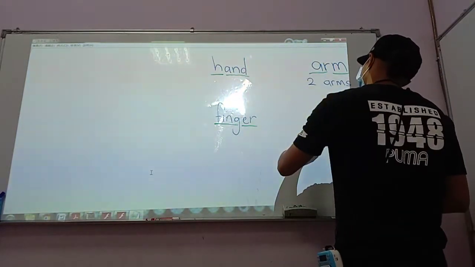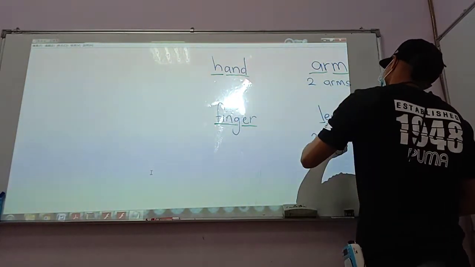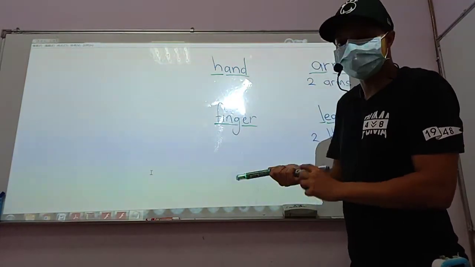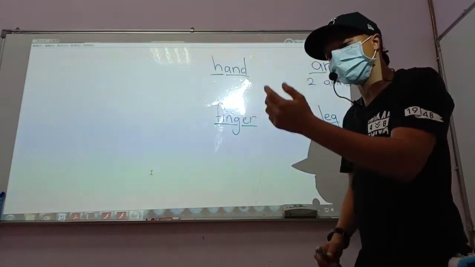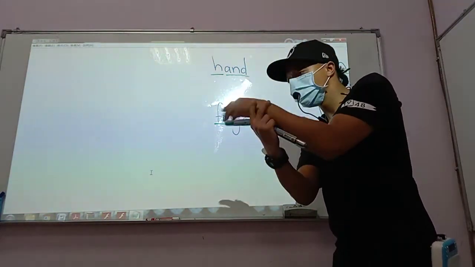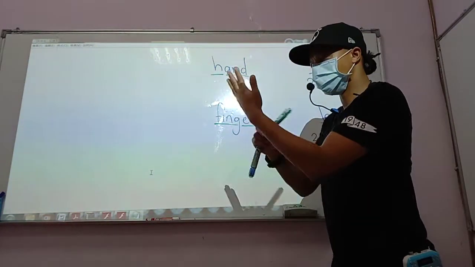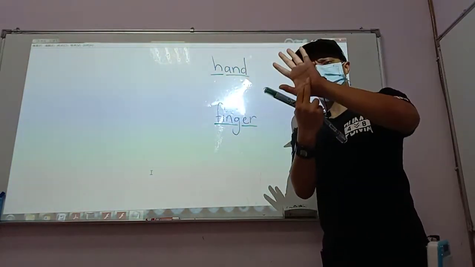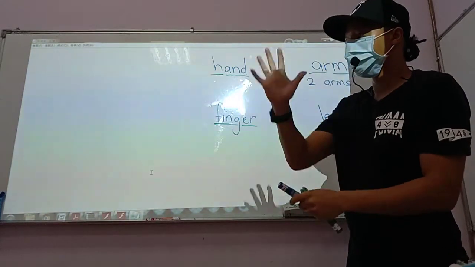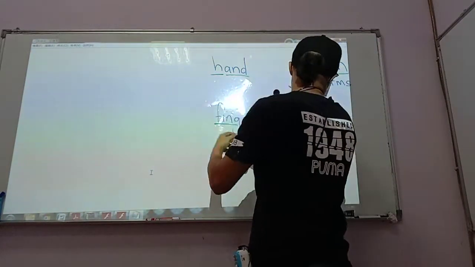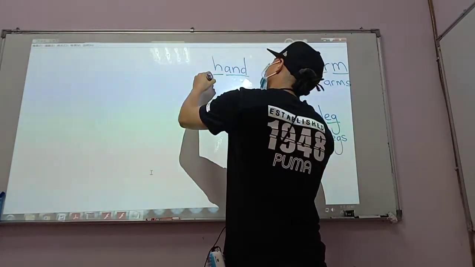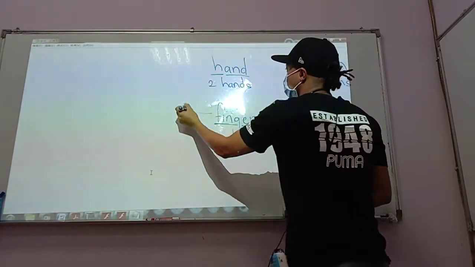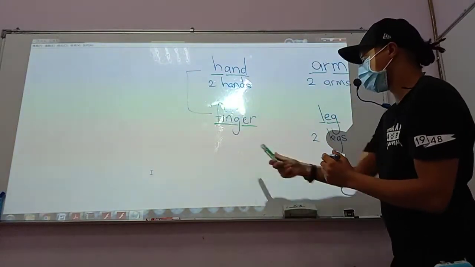So we have 2 legs. Okay? Hands. How many hands do we have? So I can see 1, 2. Yes, so we have 2 hands.